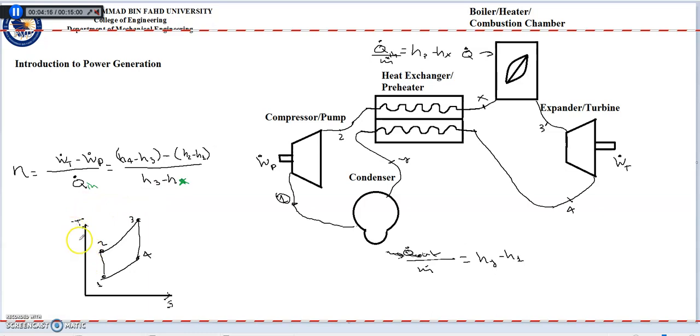So the TS diagram remains pretty much as before, with the difference that the heat from 2 to 2x over here is offered from the preheater, and 4 to 4y goes to the preheater on the exit of the turbine.